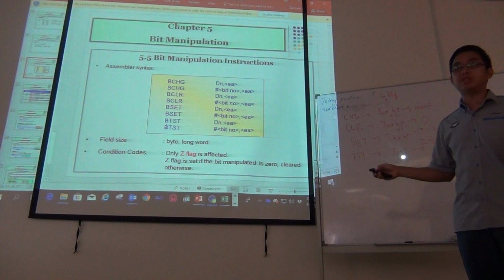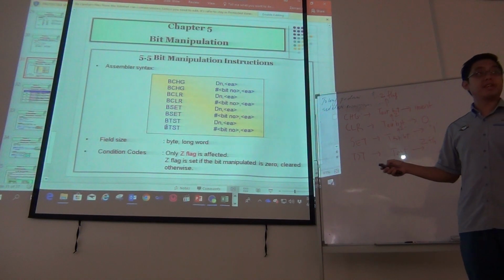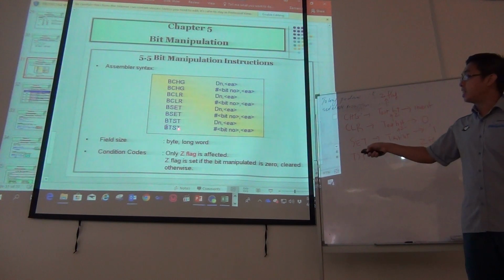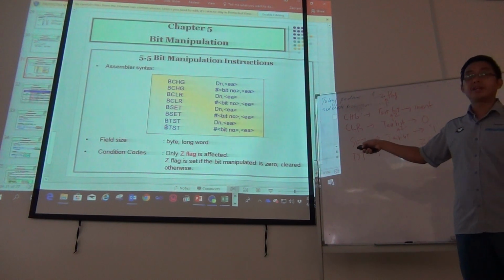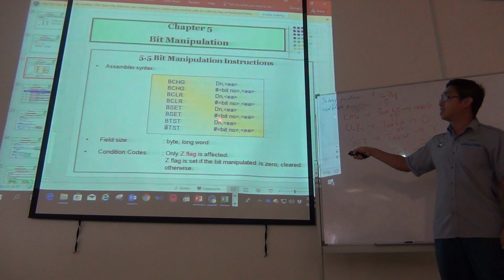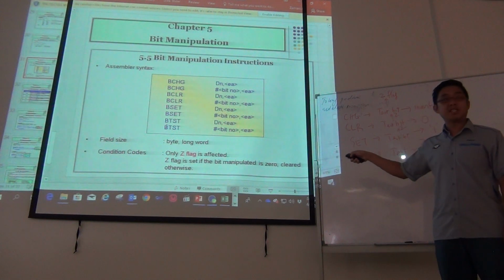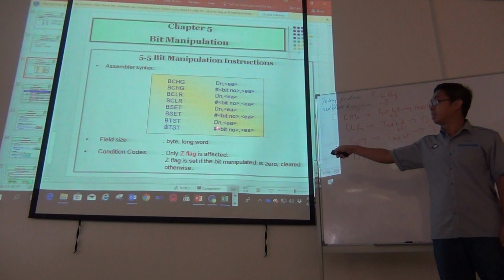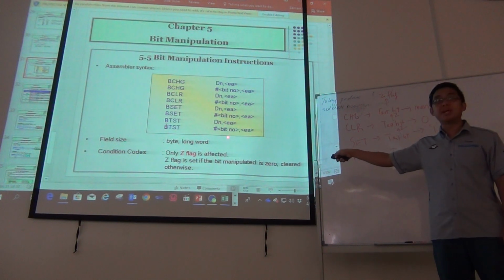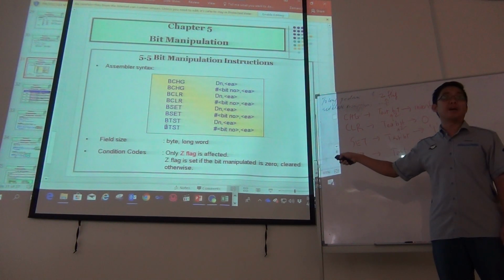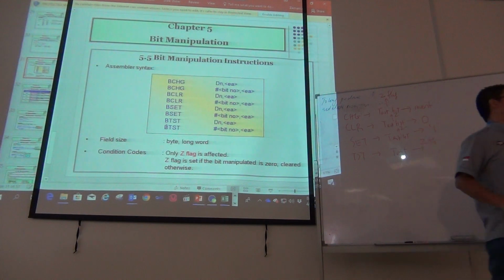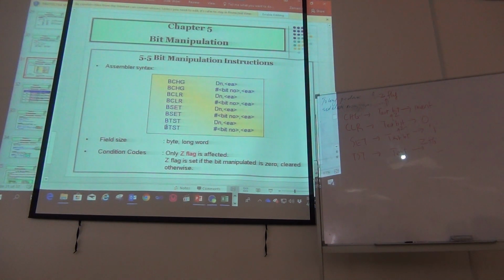Bit test, you have these types of format. The first one is bit test, data register, effective address. The second one is bit test, a number, then the effective address. This is your memory side. This is actually the bit number. So let's look at this one.